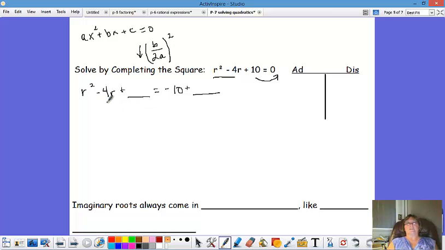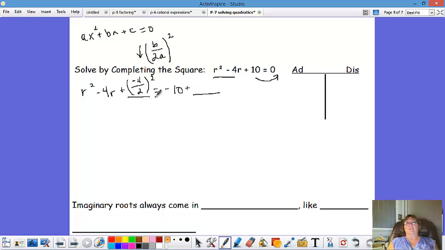In this particular quadratic, that's (negative 4 over 2 times 1) squared. A is 1 in this one. Now I'm going to leave it that way here because this makes a little bit more sense to me.